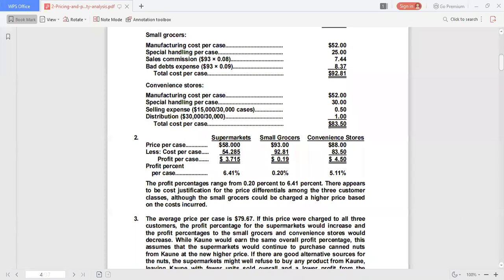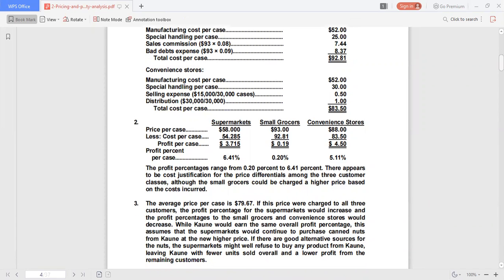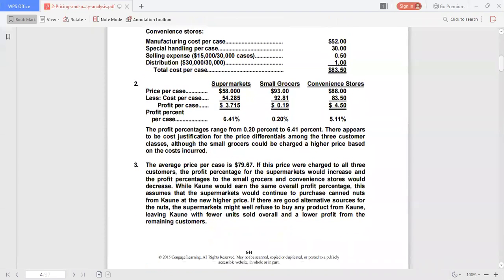So, 79.67 na ang ibayad ni supermarkets. However, if there are good alternative sources for the nuts, the supermarkets might well refuse to buy any product from Kauni, and that will leave Kauni with fewer units sold overall and a lower profit from the remaining customers.